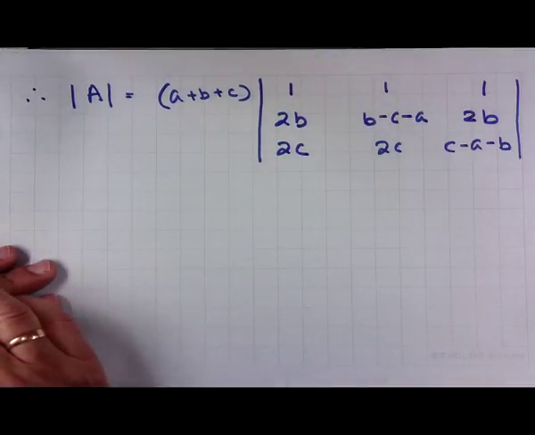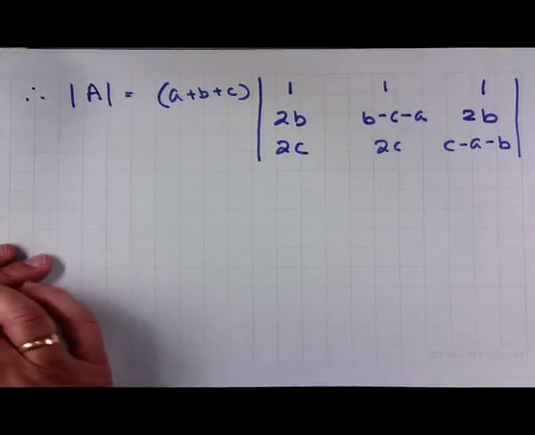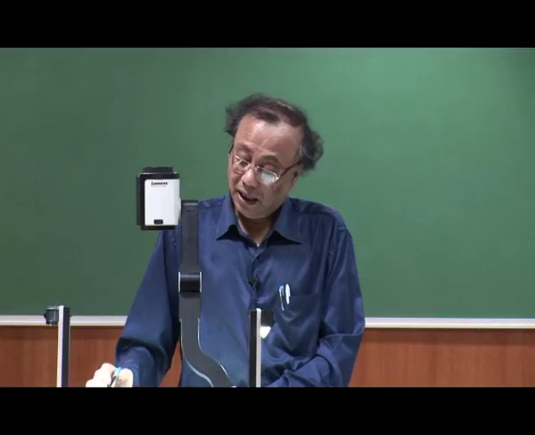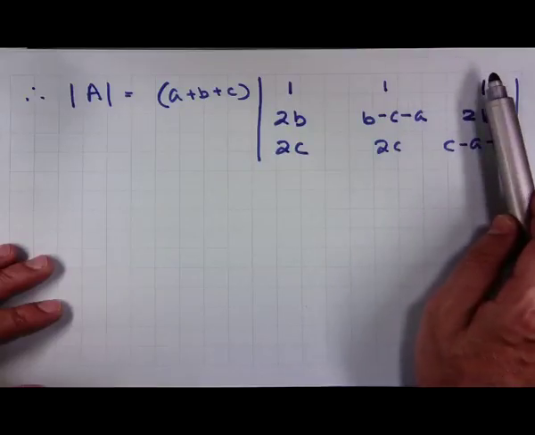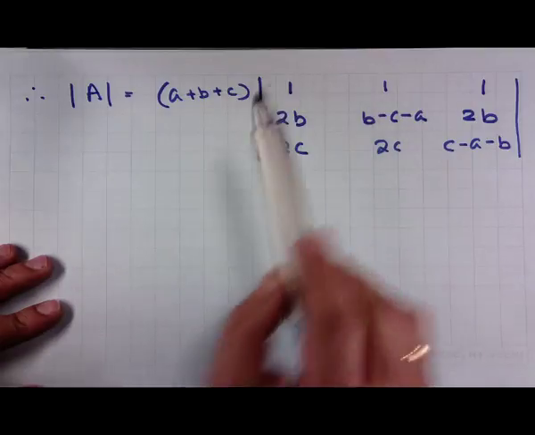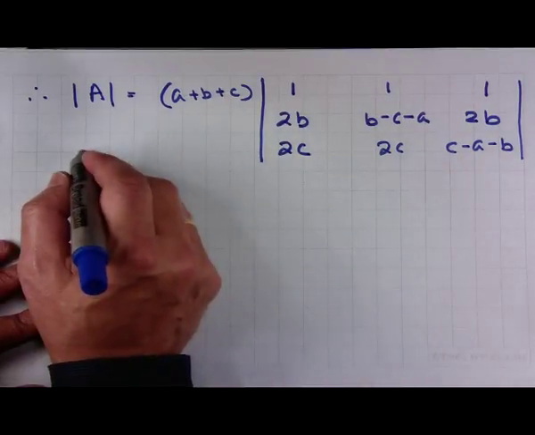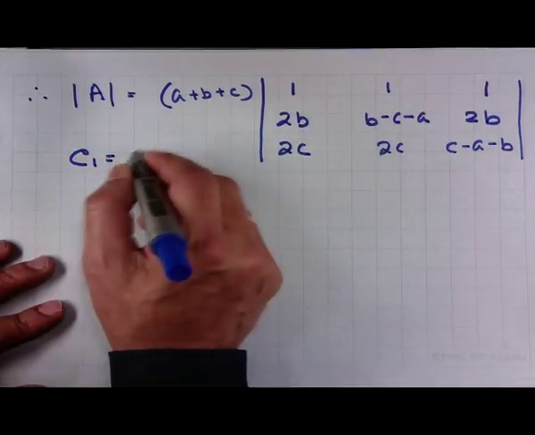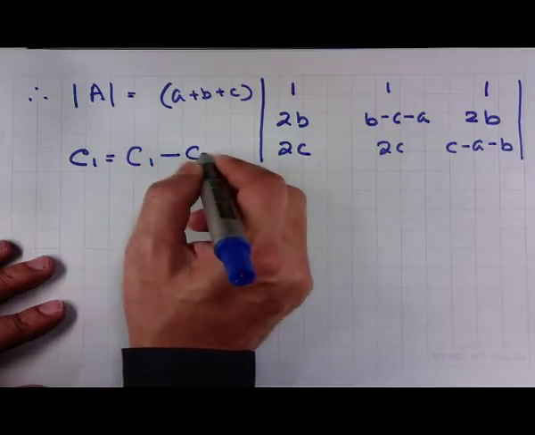Now, what I do? I will try to simplify it. How I will do that? I will subtract column 3 from column 1. Therefore, C1 is equal to C1 minus C3.